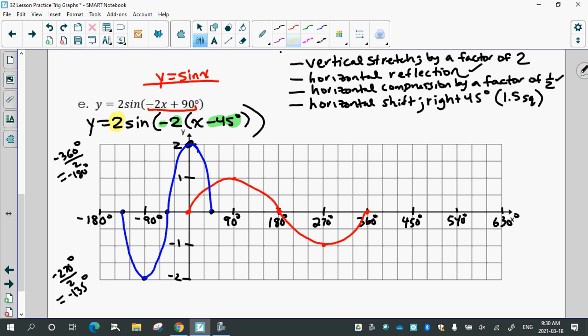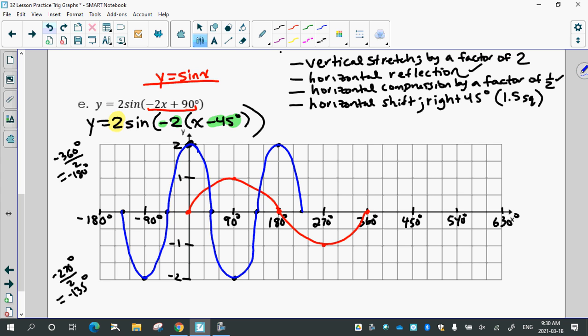So I would go over 1.5 down 4, over 1.5 up 4, over 1.5 up 4, over 1.5 down 4, to draw my second cycle in. So now I've got 2 cycles.